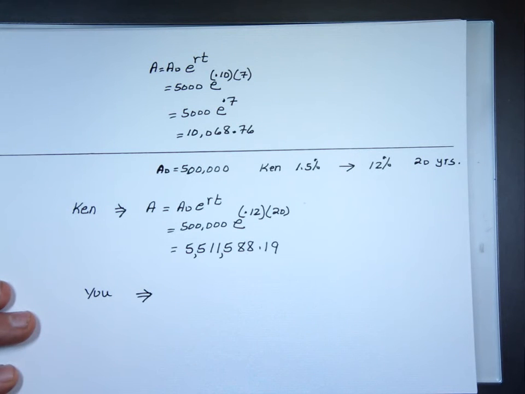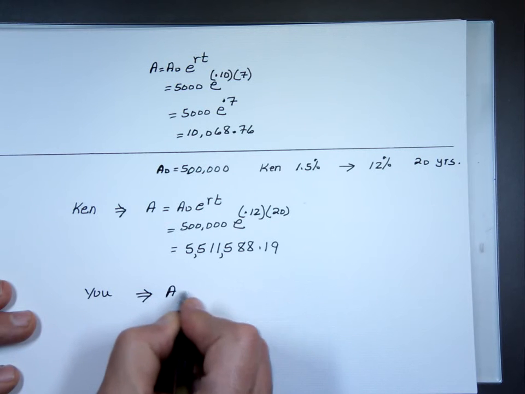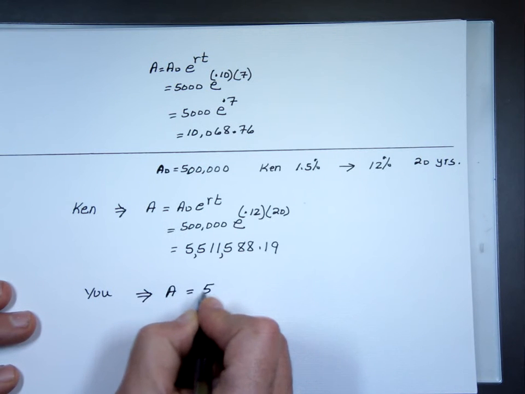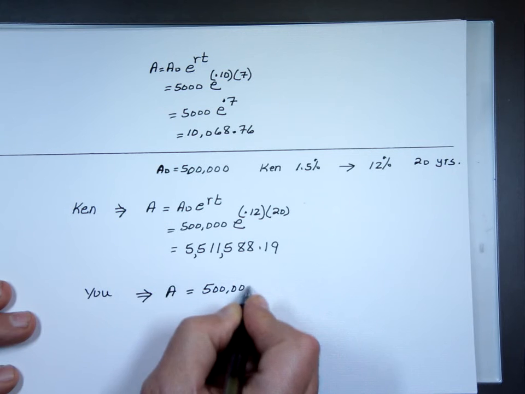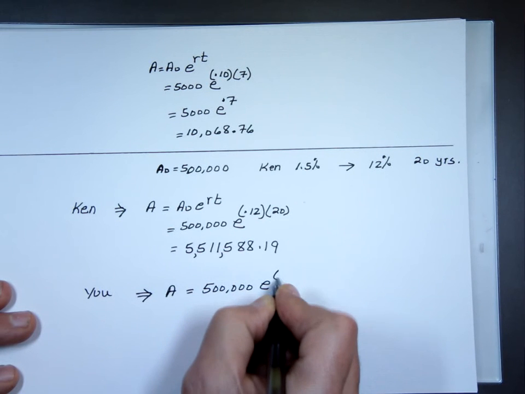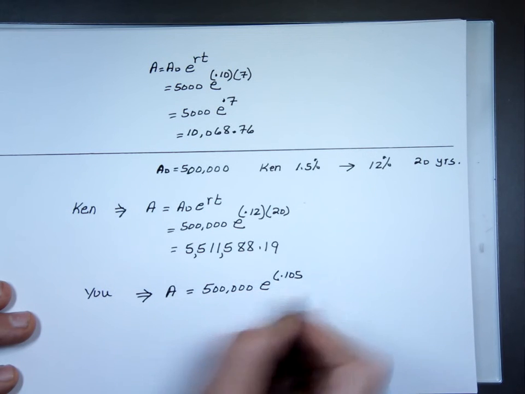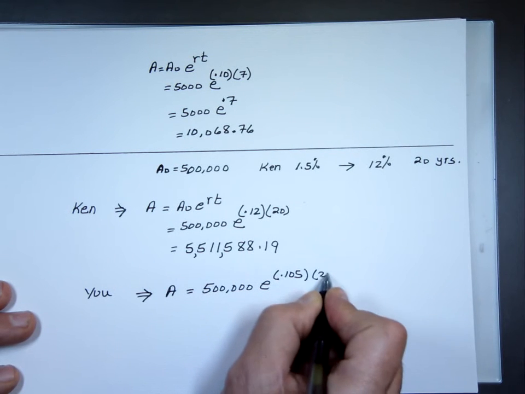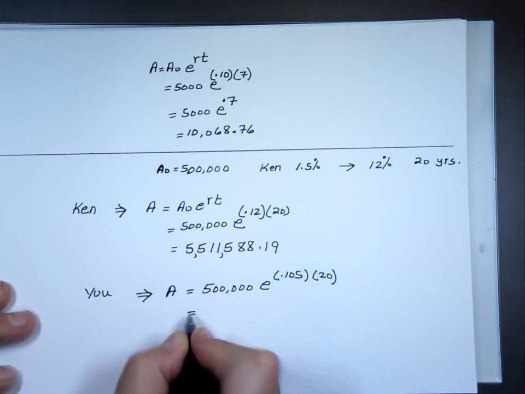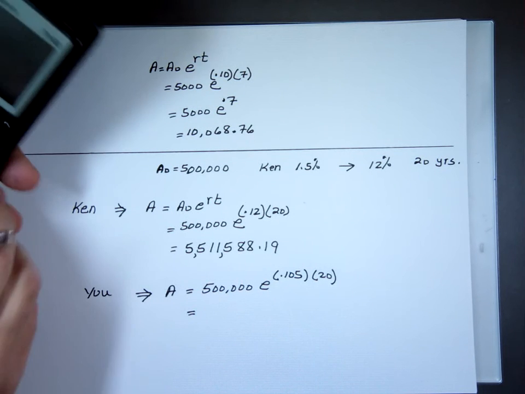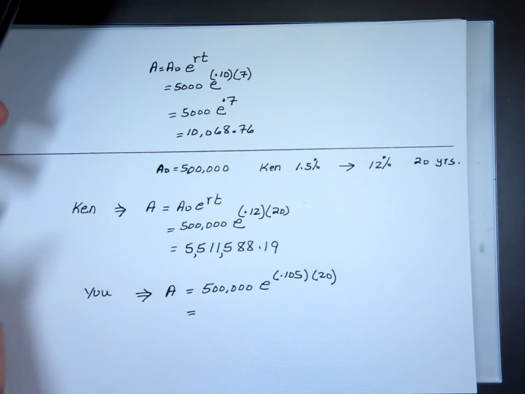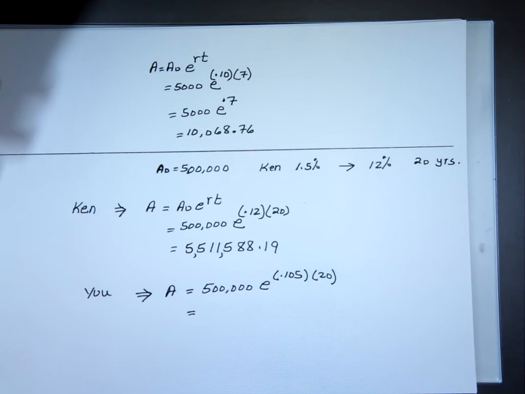So the amount of money that you're going to get is 500,000 e to the power 0.105, 10.5%, times the number of years, which is 20. That's 2.1, so 500,000 times e to the power of 2.1.